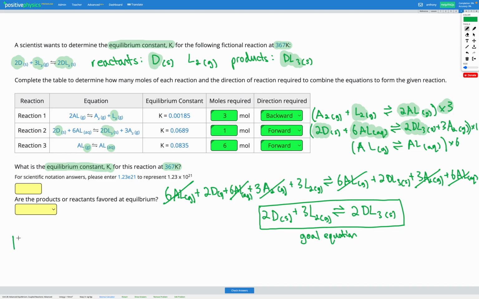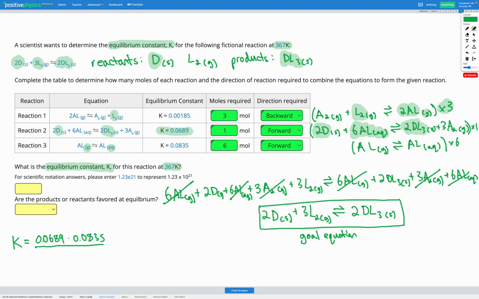So to get our equilibrium constant, we're going to do a fraction. The top of our fraction is going to include any steps that are in the forwards direction. So that's going to be steps 2 and 3. Their equilibrium constants are 0.0689 for reaction 2. We're going to multiply that by the equilibrium constant for reaction 3, which is 0.0835.